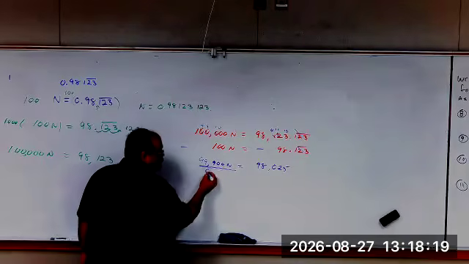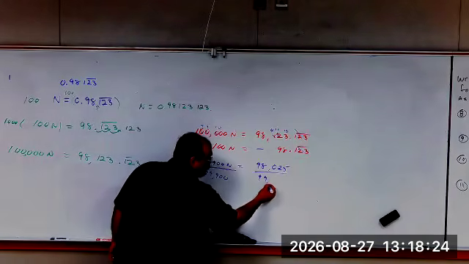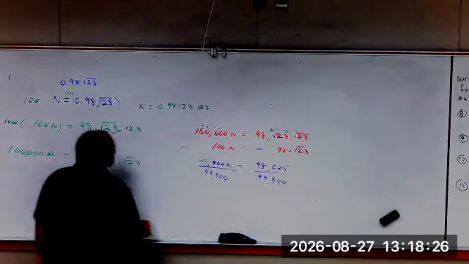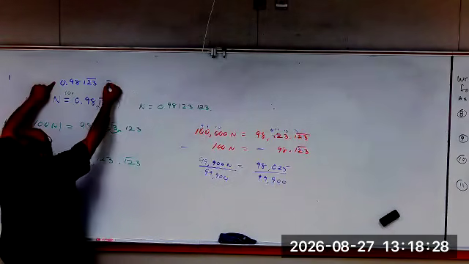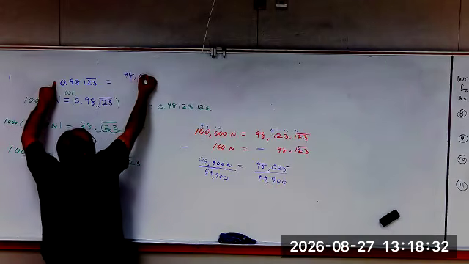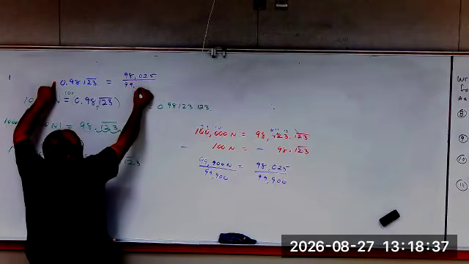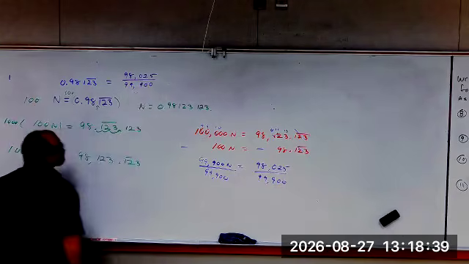And I divide both sides by 99,900. And so n is equal to 98,025 over 99,900 as a fraction.